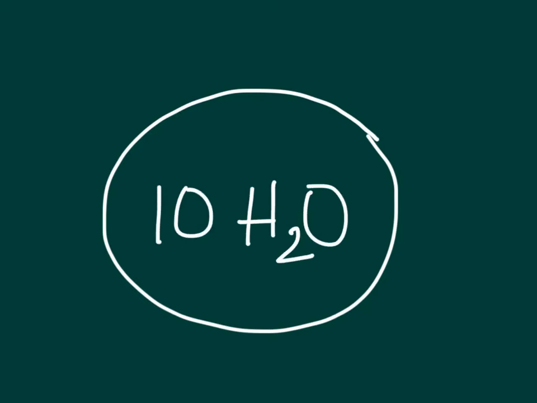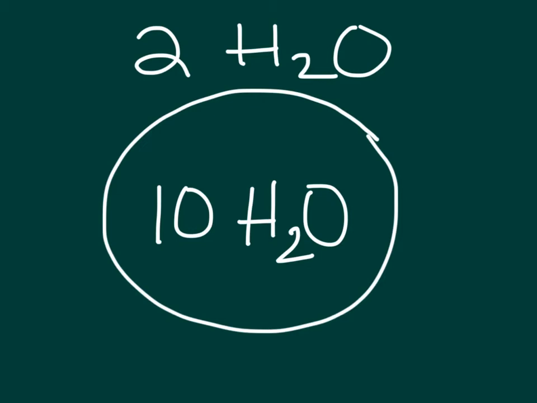So let's see if we can apply this in the simplest example possible. This wonderfully complicated picture is a cell. Inside the cell there are 10 water molecules, and outside the cell there are 2 water molecules. In what direction will water molecules move? From the inside to the outside.